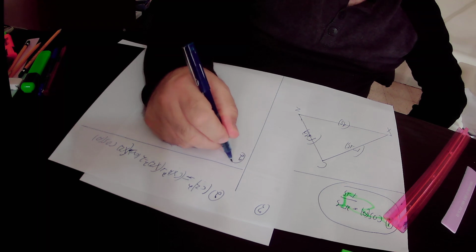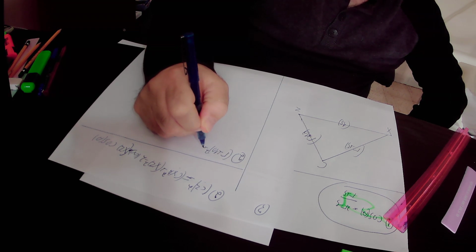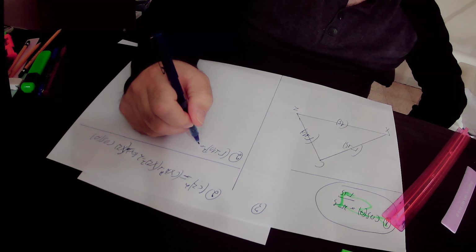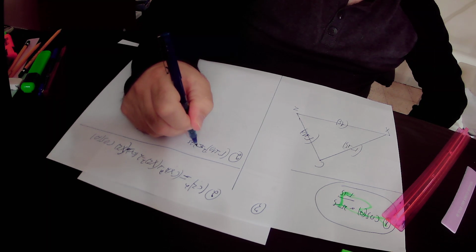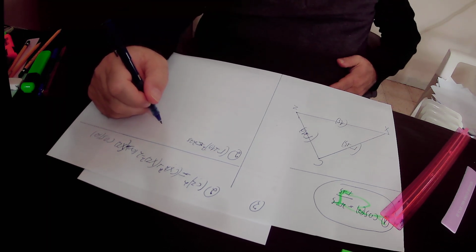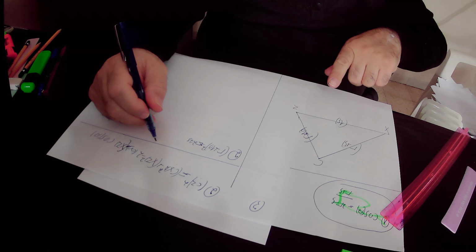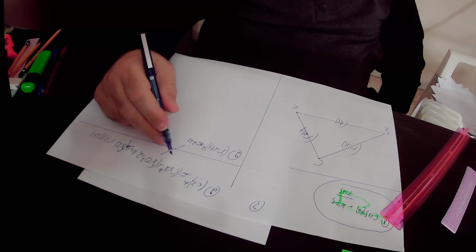So according to equation number 2, CZ is r plus 10, so CZ squared will be equal to r plus 10 squared, and it is equal to CX squared plus XZ squared. XZ is 15, so XZ squared is 15 squared, that is 225, plus CX squared.